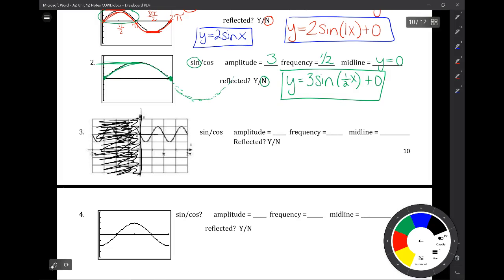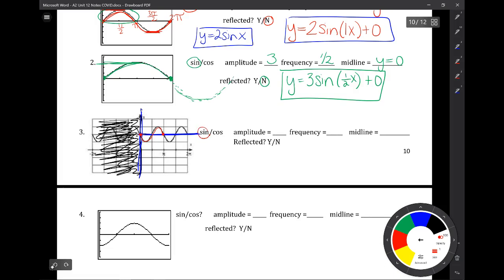And I see, maybe I should use a different color. I see from here that the graph is not hovering the x-axis anymore. It appears to start on the midline, go under, go above, and then land back on the midline.